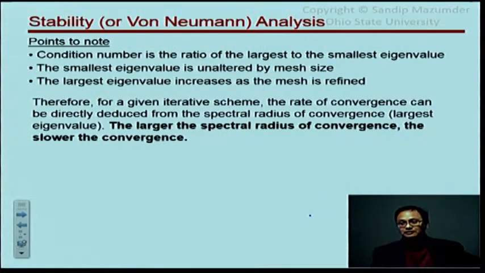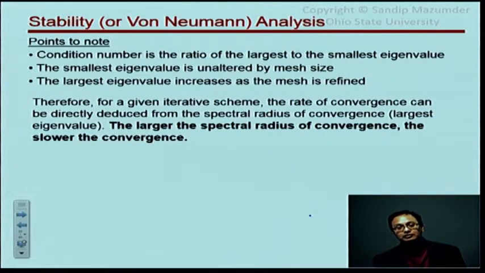Okay? This is something you will find time and again in homework 3, homework 4, all the iterative solvers that you work with. You will find that when you refine the mesh, all of a sudden the number of iterations has increased dramatically. And that's because the condition number of the matrix changes. It's no longer the same.